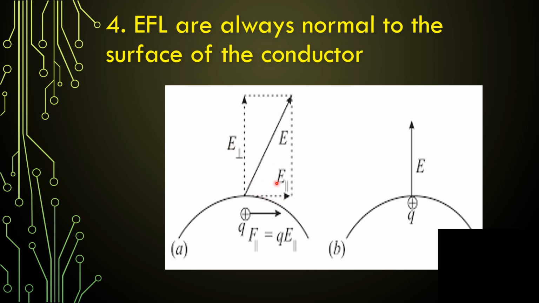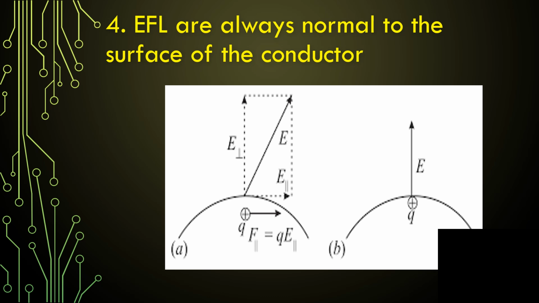Is it clear, students? One component is parallel to the surface, another component is perpendicular to the surface. Suppose the field line is parallel to the surface, then what happens?